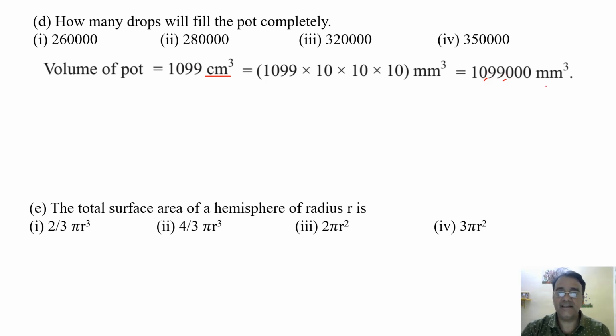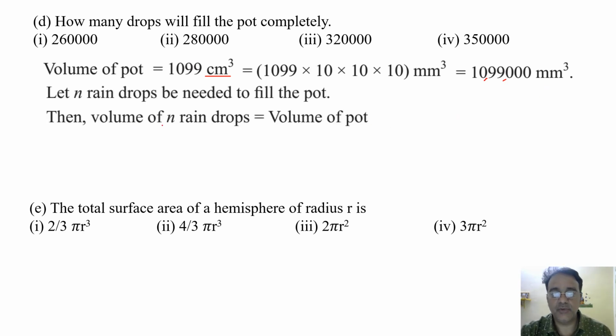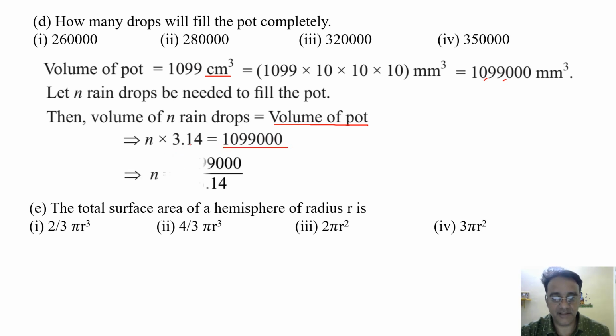And let n be the number of raindrops, right? So volume of n raindrops will be equal to volume of pot, and volume of one raindrop is given, 3.14. So n into 3.14 is equal to 10,99,000. So n will be equal to this divided by this. If we divide, we'll get 3,50,000. So the correct option is the fourth one.